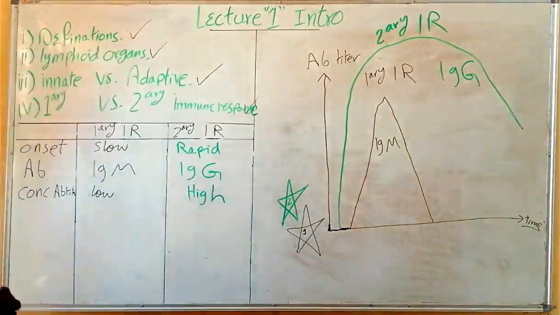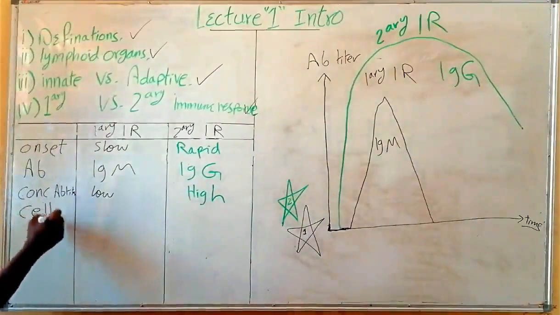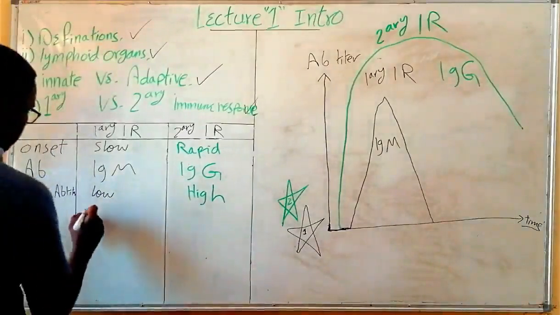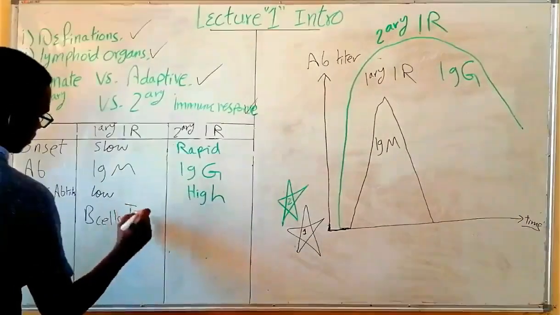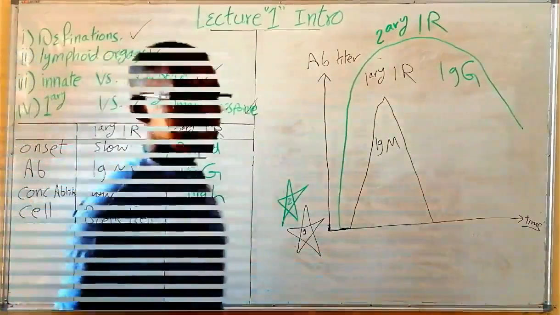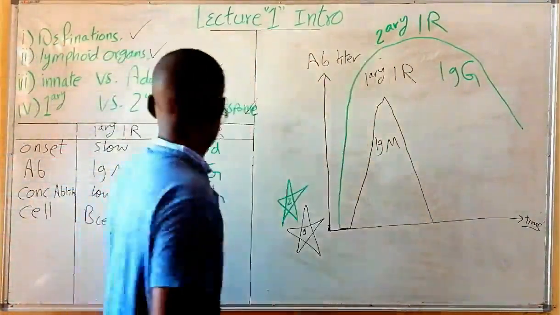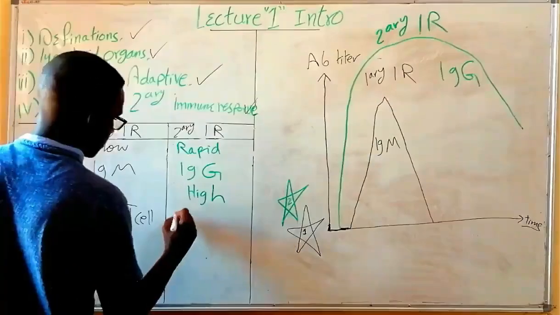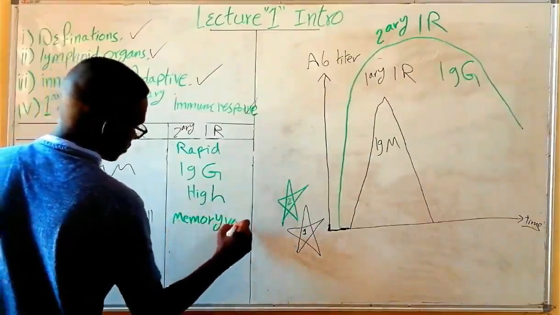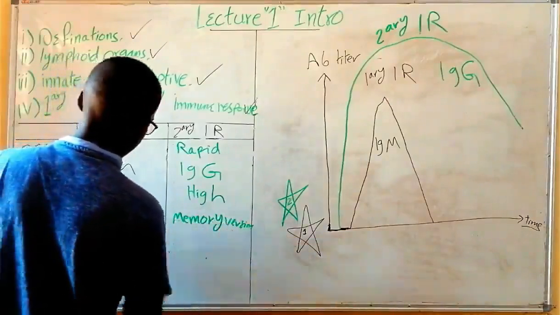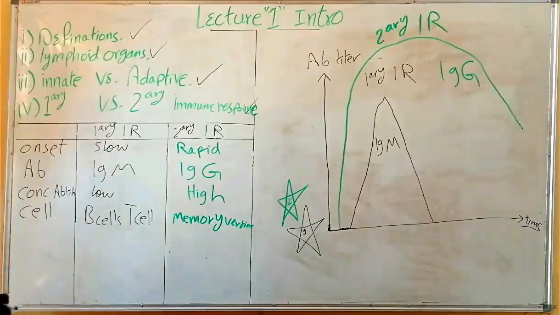Okay, good. What about the cells involved? Well, it's activated B cells and T cells, right? Because it's adaptive immunity. What about the other one? Excellent. Memory versions of B and T cells. All right. What about the duration?